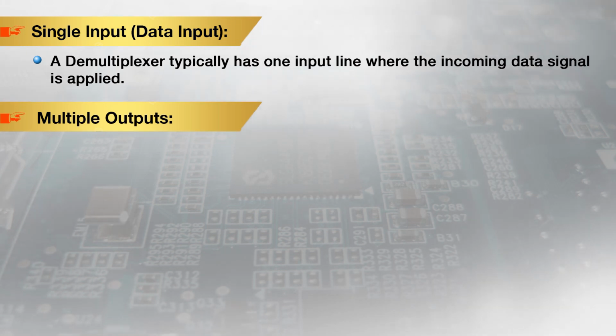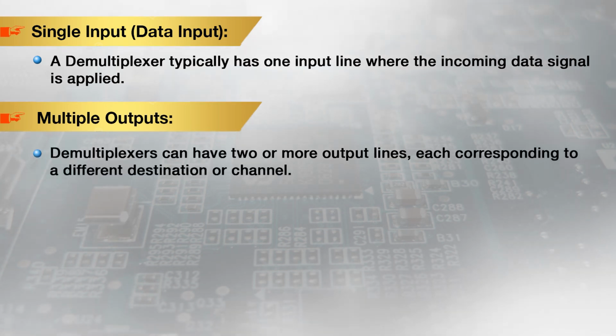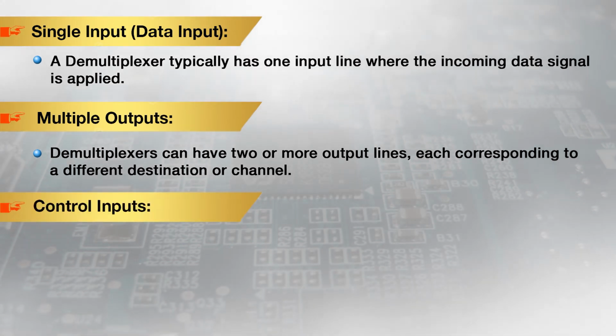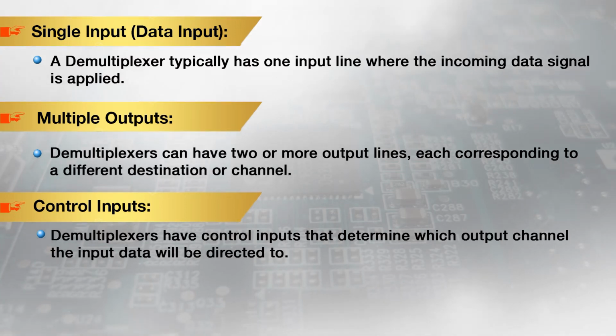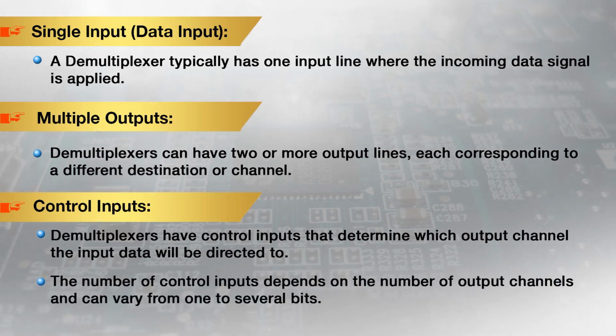Multiple outputs: a demultiplexer has 2 or more output lines, each corresponding to different destinations or channels. Control inputs: a demultiplexer has control inputs that determine which output channel the input data will be directed to. The number of control inputs depends on the number of output channels and can vary from 1 to several bits.